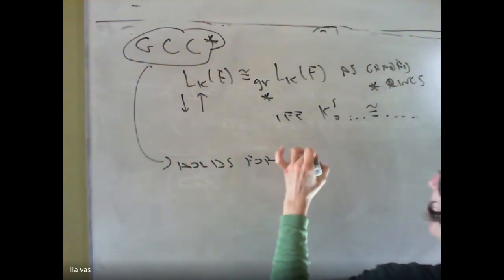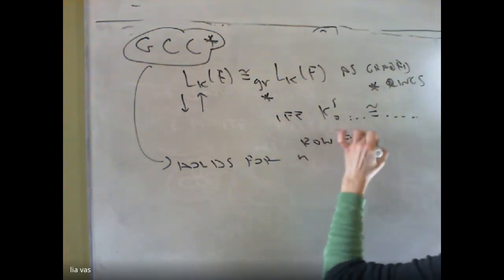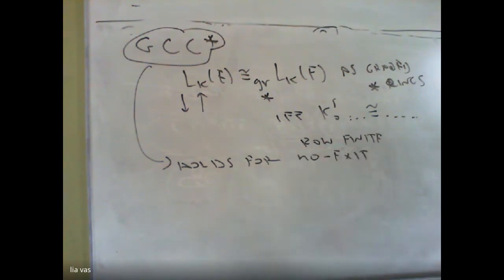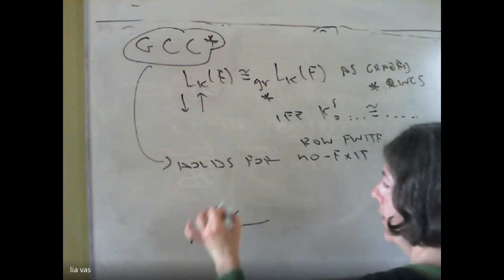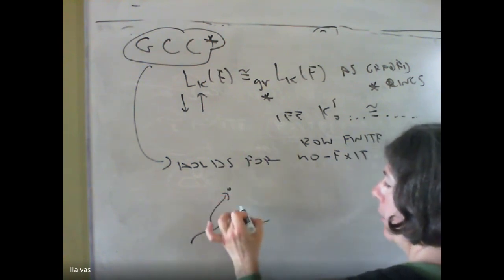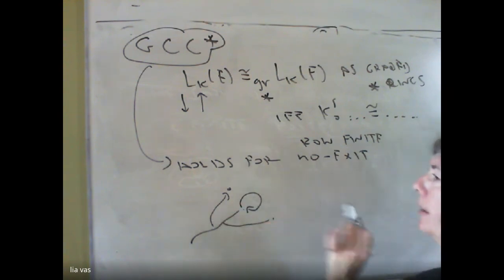no exit graphs, row finite, no exit. So what do we have here? We have paths. Every path leads either to a sink or to maybe a cycle without exits. But this time around, it is not finite.